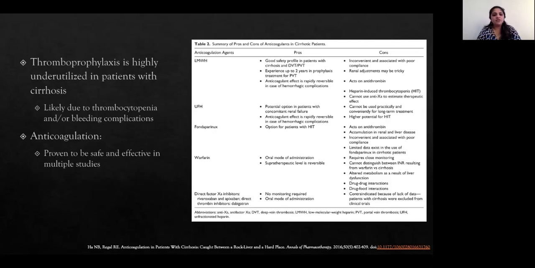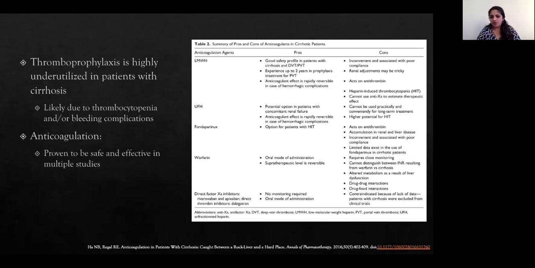However, there is very clear data to suggest that this has not been used routinely in chronic liver disease patients because we are worried about low platelet counts or high INR, which is reassuring to us, and we are more worried about bleeding complications because they're more devastating. However, there have been numerous studies which show that anticoagulation is safe. It is effective in preventing thrombosis, and it should be used in patients with chronic liver disease.